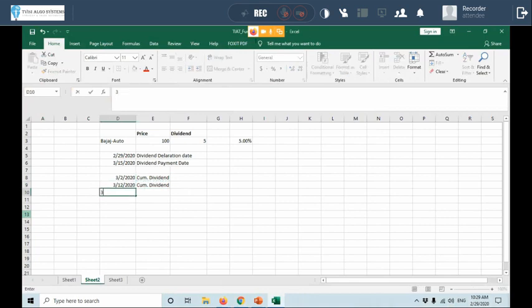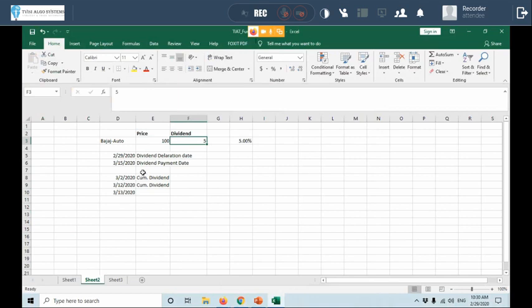On 13th of March, people know that if on 13th I buy this stock, I will not be eligible for this dividend, because by 15th end of day I will get the shares. So my name will not be there in the list of shareholders.